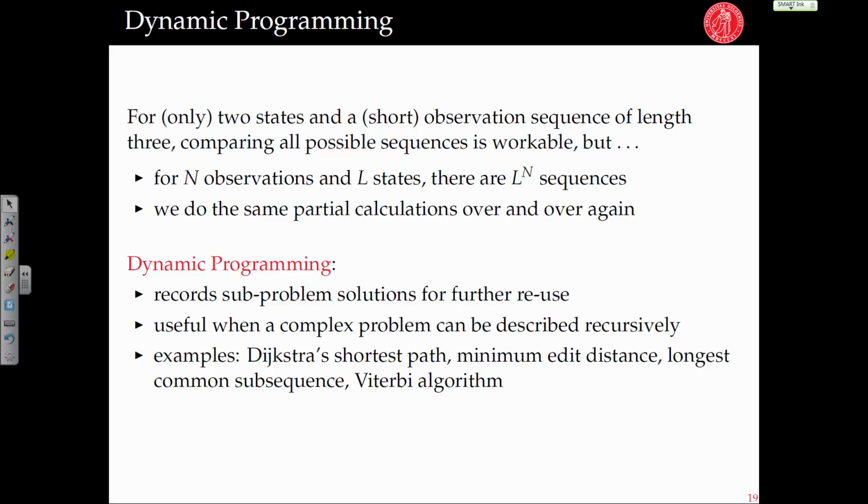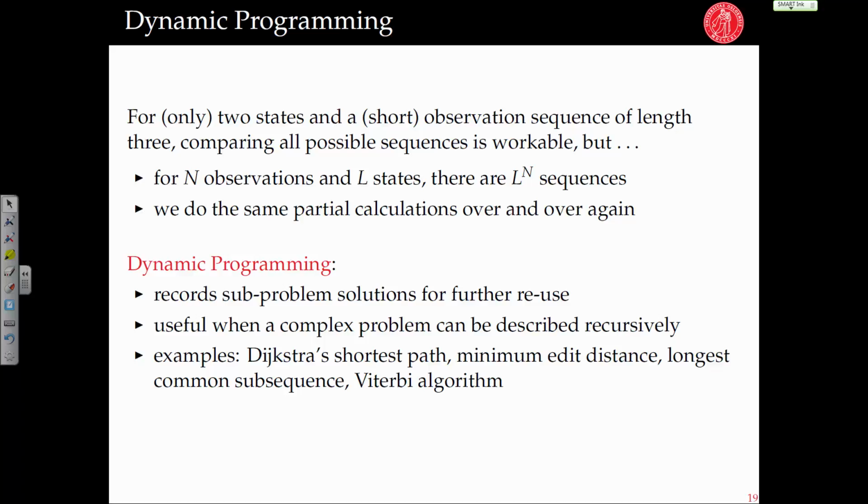Knowing this, and knowing that our problem is very expensive to solve, dynamic programming can be a solution. Dynamic programming can help us decompose a complex problem into sub-problems. While decomposing, we can also record the solutions for these sub-problems and reuse them.